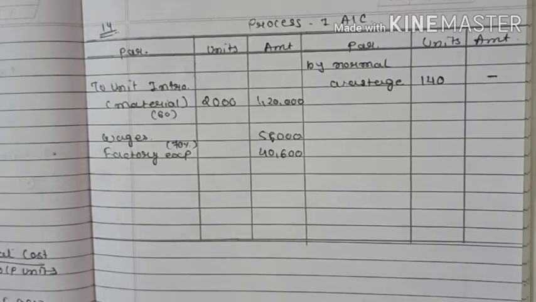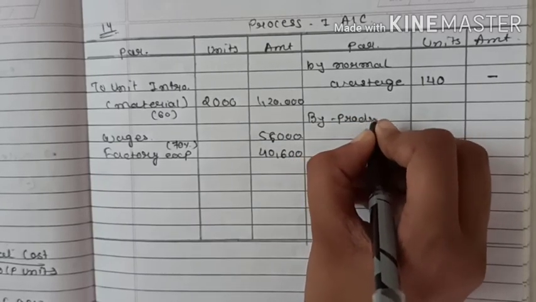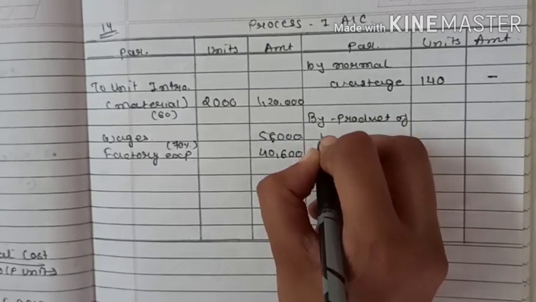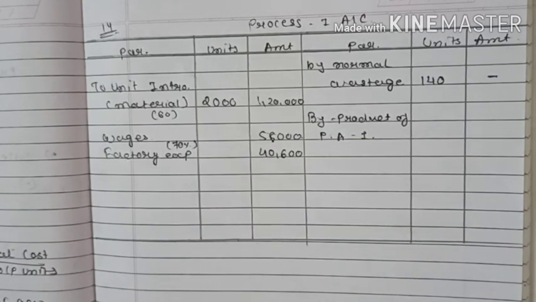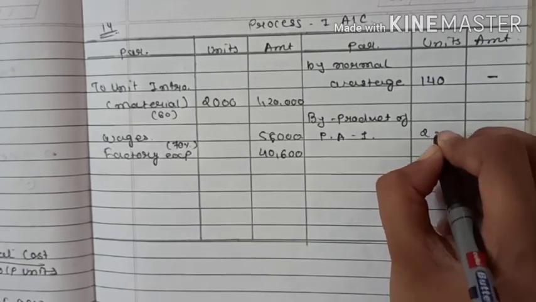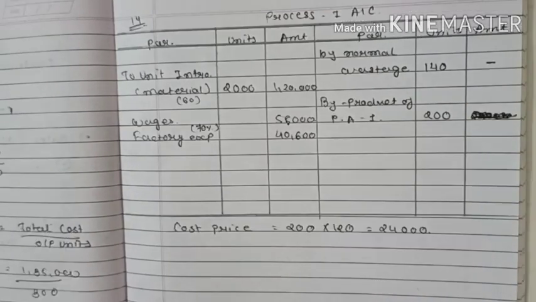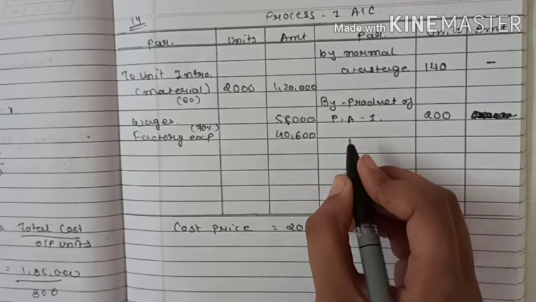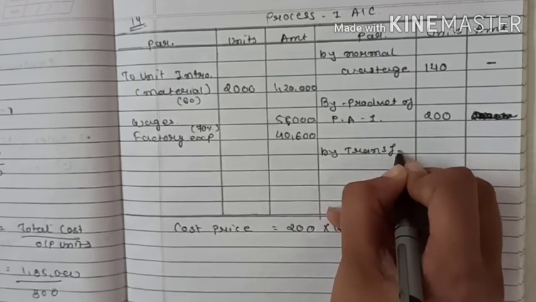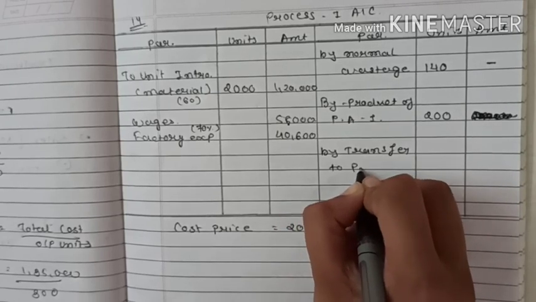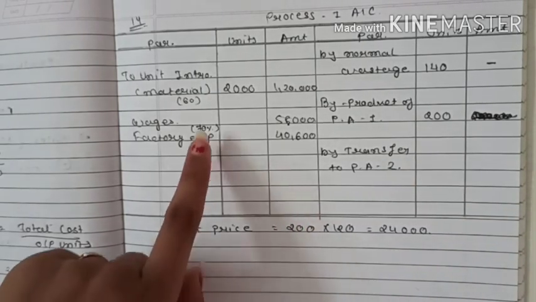And byproduct is given. Byproduct of process 1: how many units? 200 units. And transfer to process account 2, we have to find out.